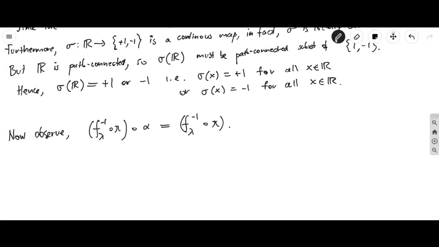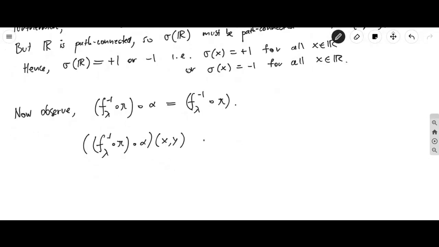So if you just work this out, let's say you have f lambda inverse composed with pi, composed with alpha, and you evaluate all of this at the point x comma y. What would happen is we will have pi of alpha of x comma y. But this is x +1 comma -y.